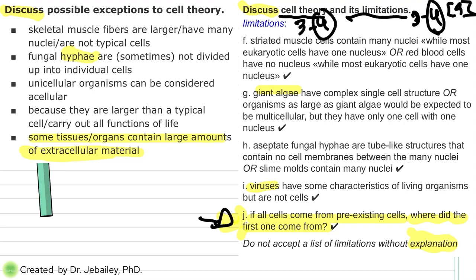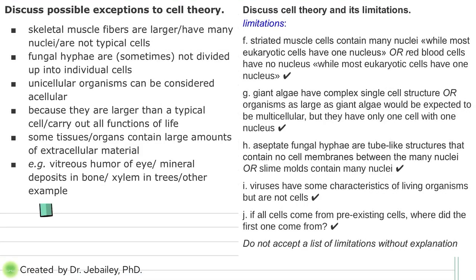I would write all of this: the striated muscle, the giant algae, the hyphae, the virus, and this. Look, you get 5 points plus whatever you're talking about for the cell theory. So you're combining everything you know, including the Pasteur experiment. So you mention the three cell theories and talk about the Pasteur experiment. And then you talk about the limitations. You can hit 9, but usually there's more like 8 points. So look at the number next to the question. The more points, the more you write.